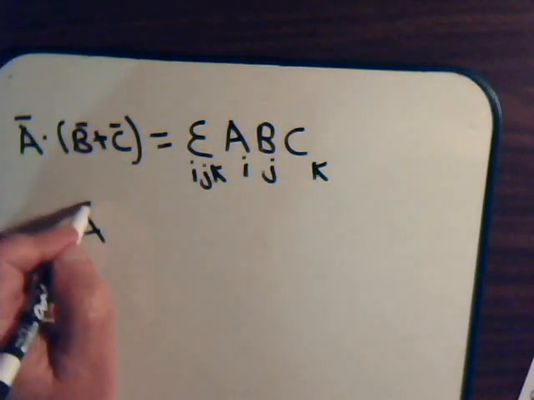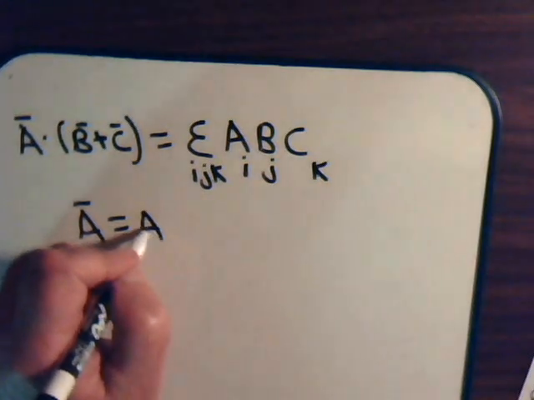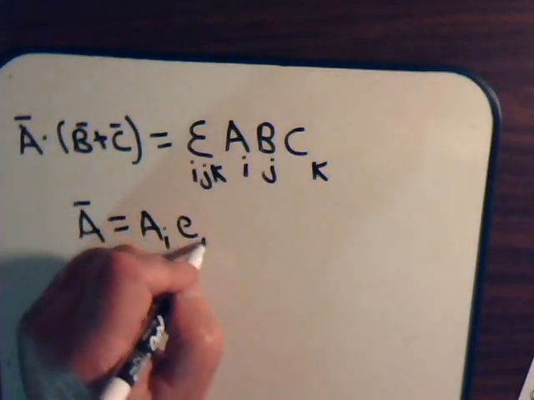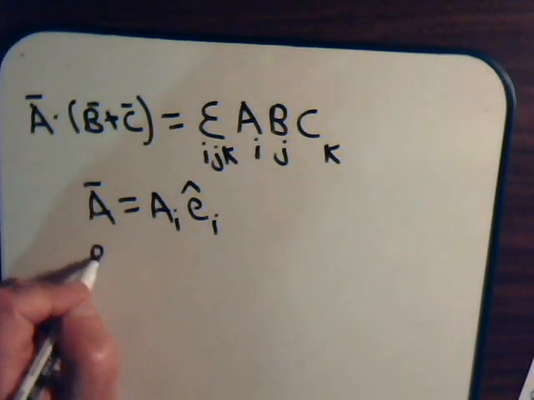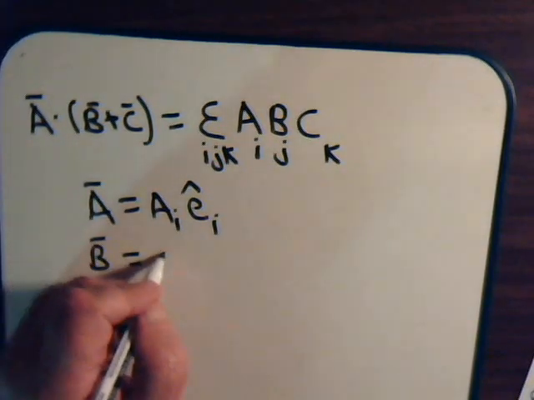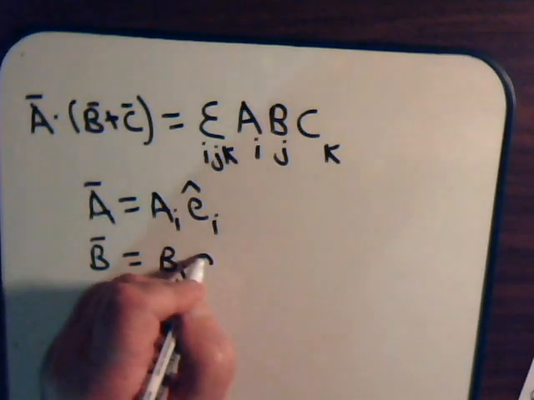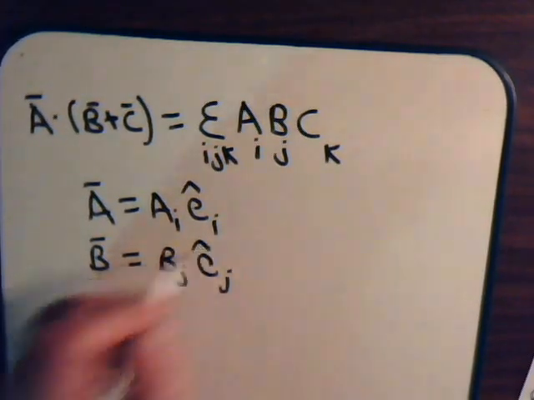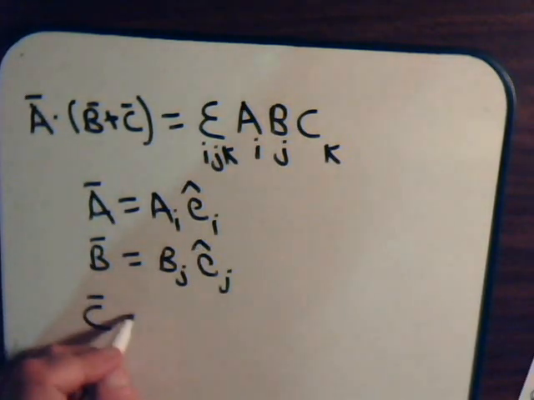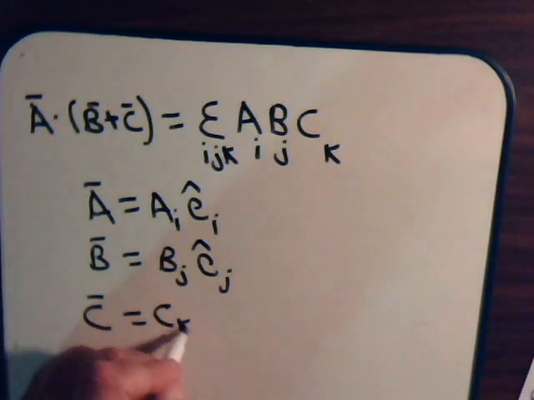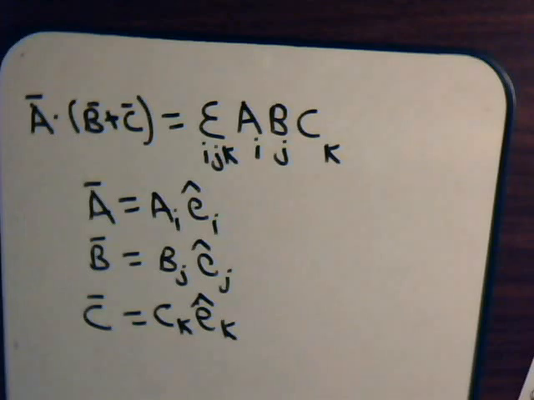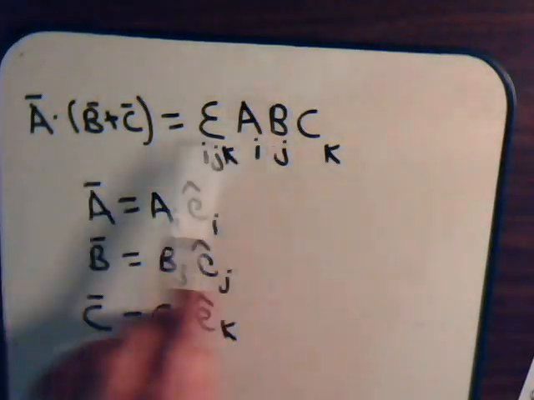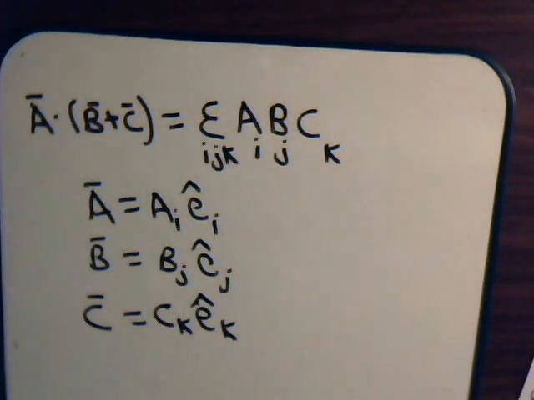In component form, vector A is this. Vector B, remember we had like this. And vector C, we had like this. And there is the scalar triple product.